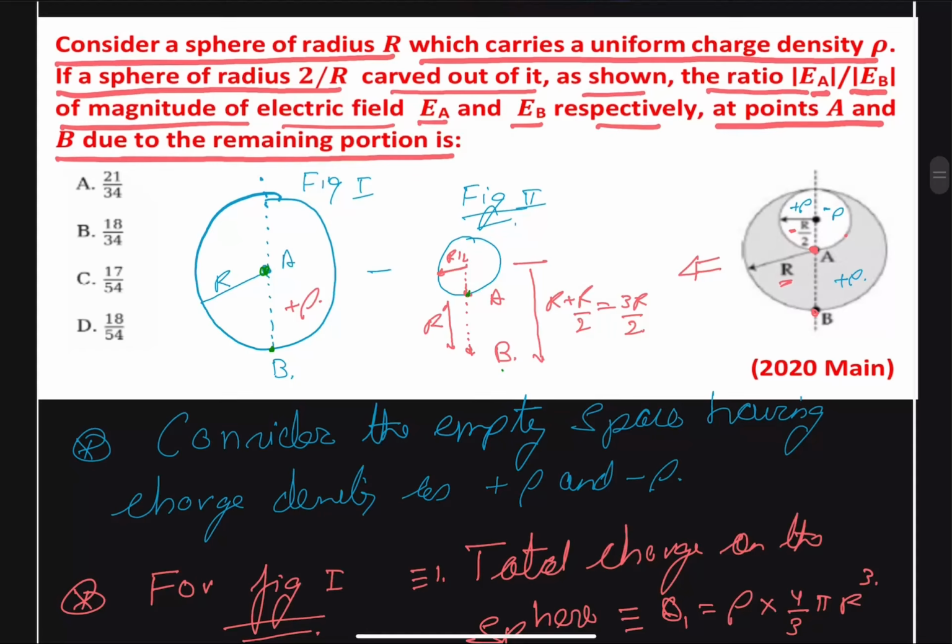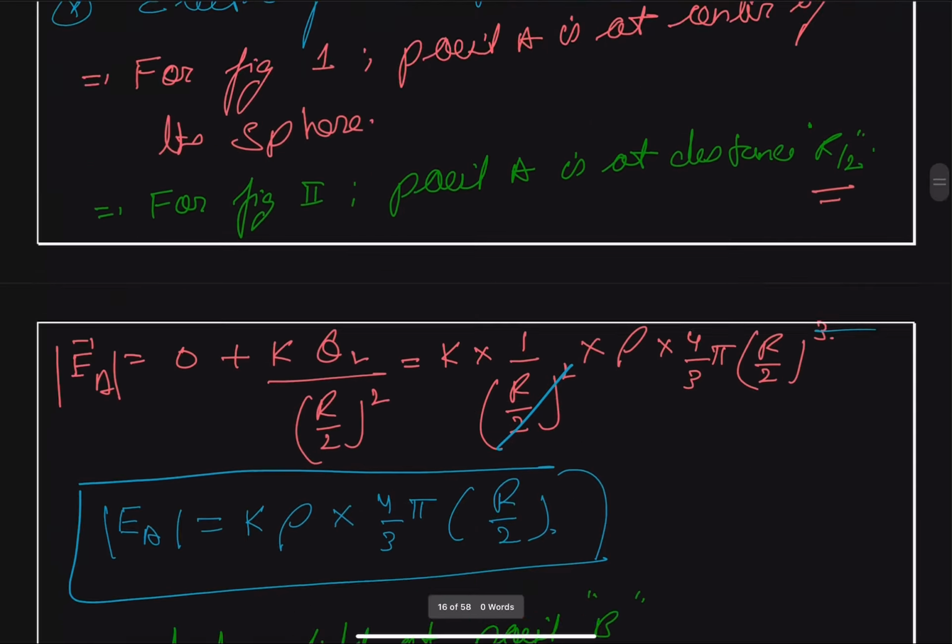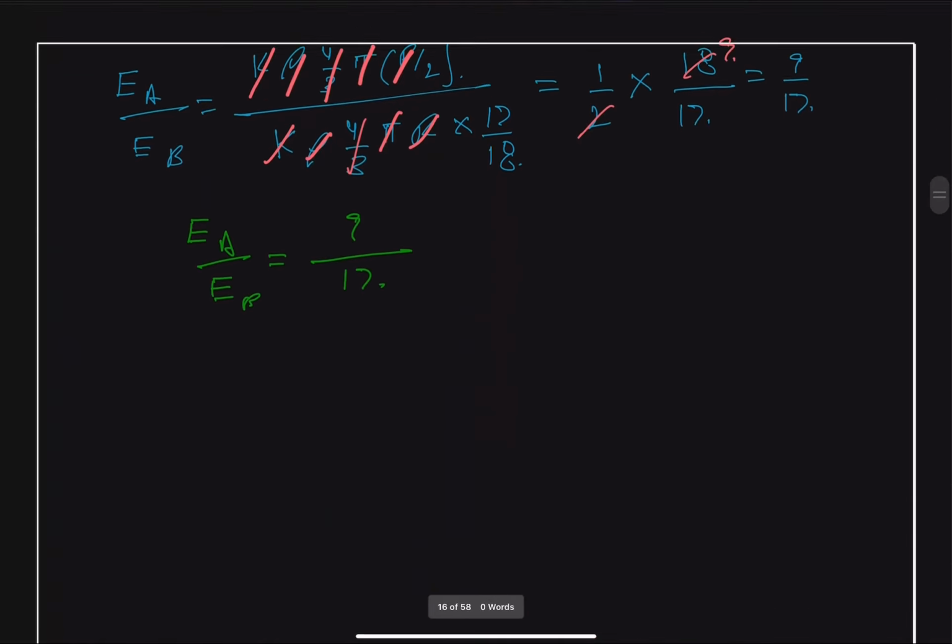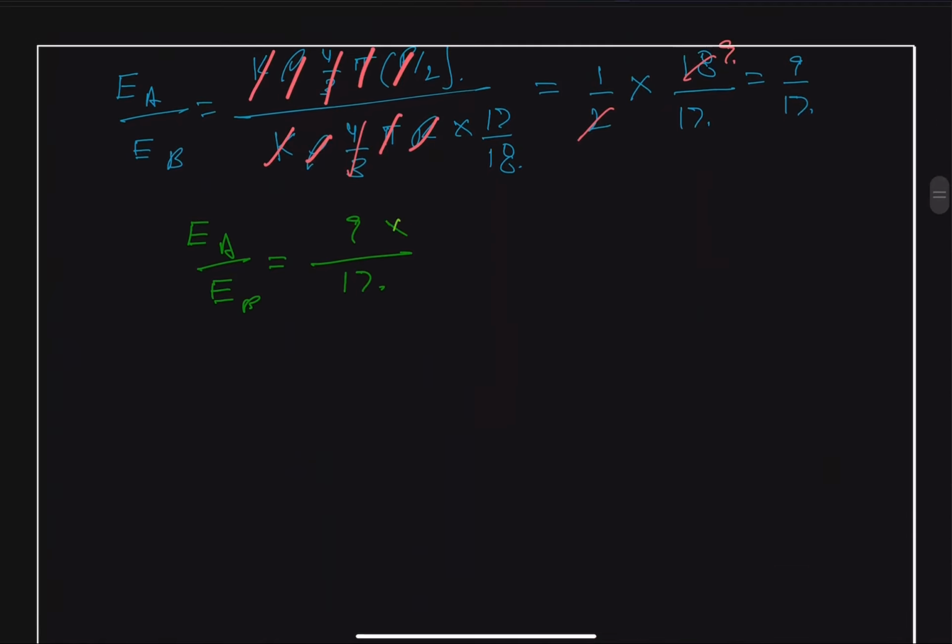This is nothing but 18 upon 34, multiplying by 2. Therefore option number B is correct.